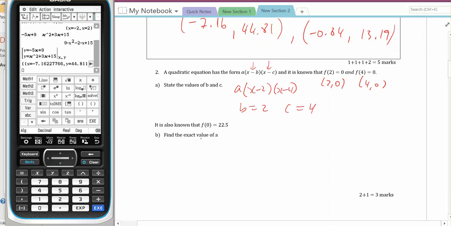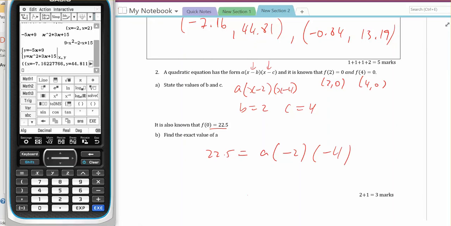For part b, you've got the y-intercept here, (0, 22.5). You're just going to sub that in to find the value of a. So 22.5 equals a times (0 minus 2), which is just -2, and (0 minus 4), which is -4. Interactive and solve.